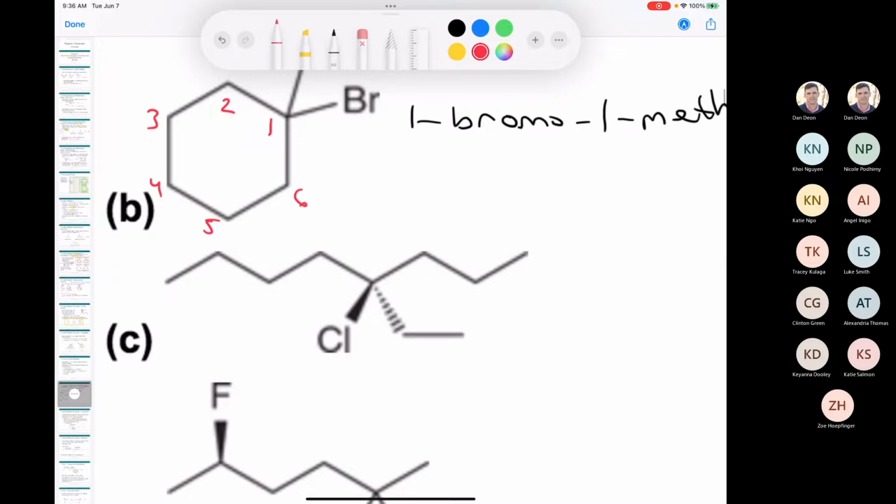Was anybody able to assign the stereochemistry to this one? Could anybody tell me if this stereocenter here is R or S? I'll give you a second to think about it.